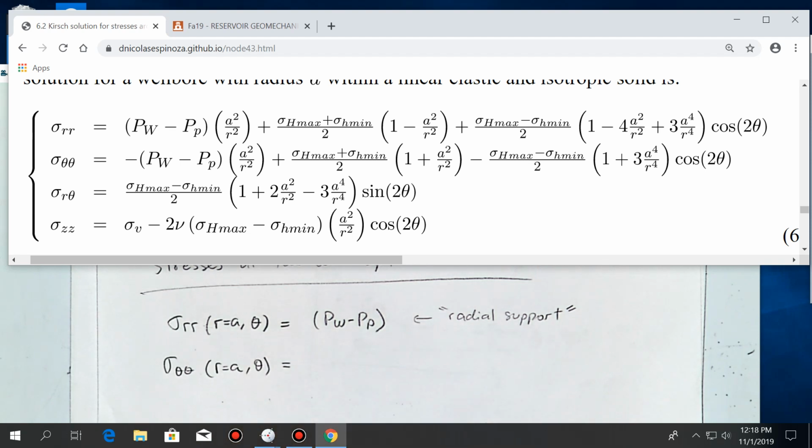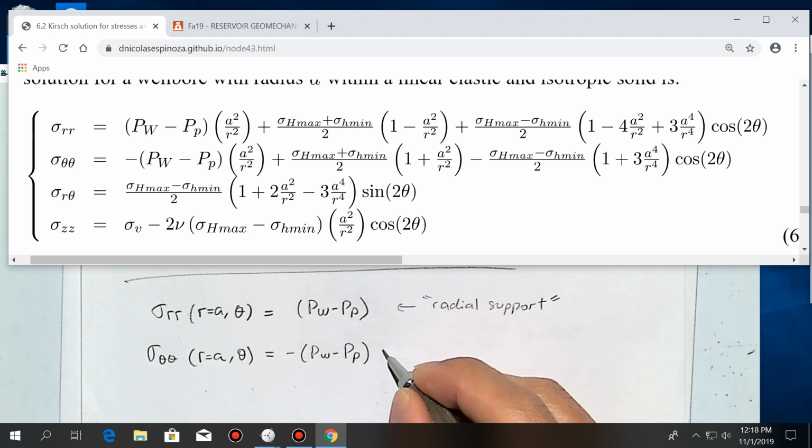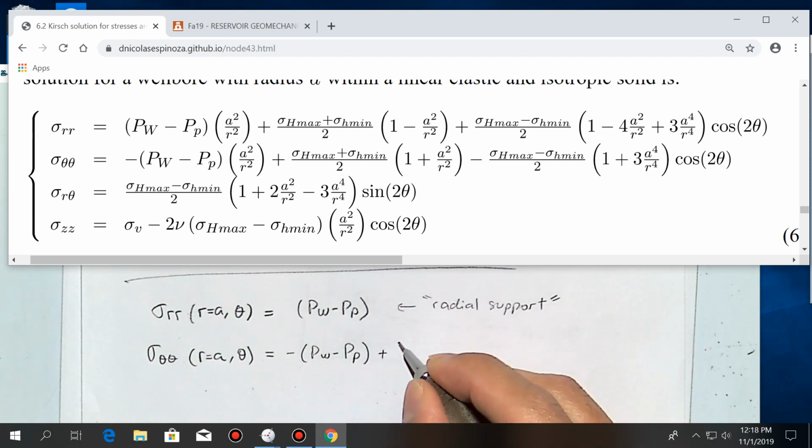So for r equal to a, then sigma theta theta, the first term is going to be the negative version of the other equation, a is equal to r. Here, now, this is going to be equal to 1. And now this is going to be 2 times this. I think, if I remember correctly, there is a simplified version of this. But we're just going to go with this.